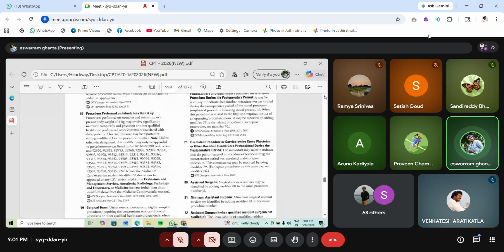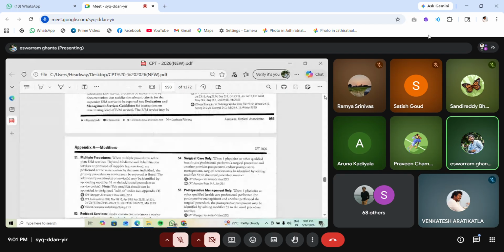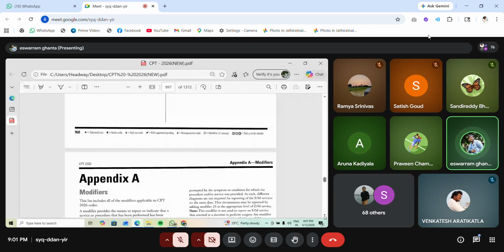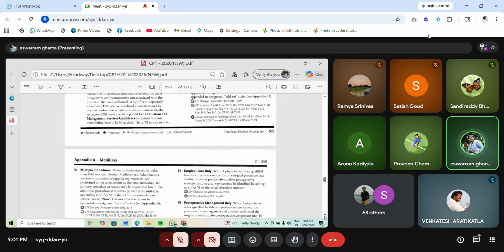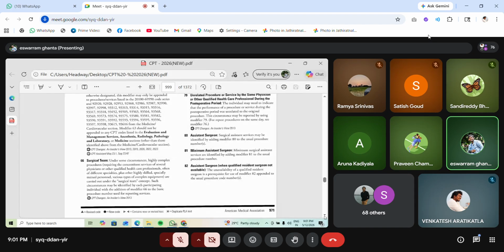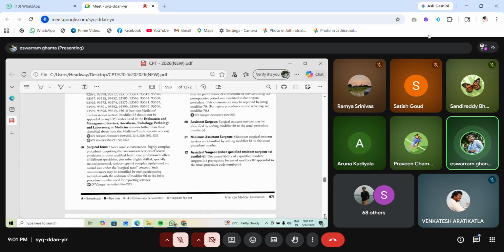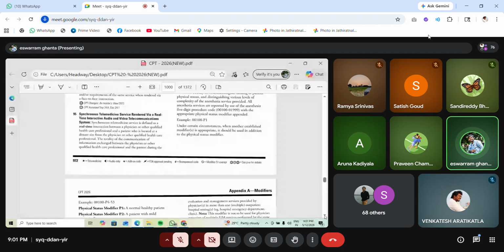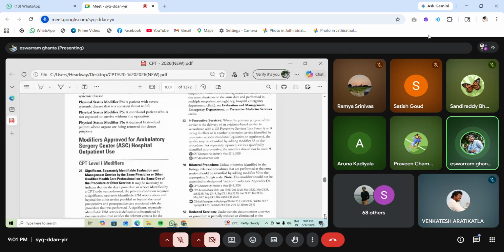There is a big heading about the modifiers, Appendix A modifiers. Just remember all this set of modifiers are the Appendix A modifiers. When any interviewer asks what are Appendix A modifiers, don't be confused. The modifiers we have learned so far are the Appendix A modifiers.